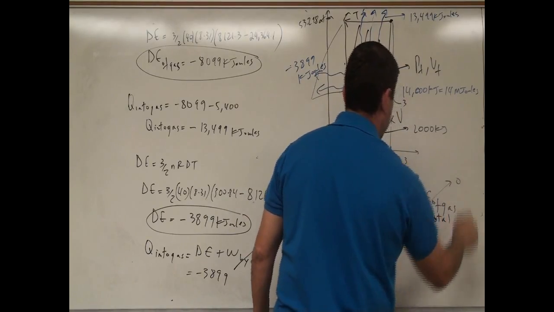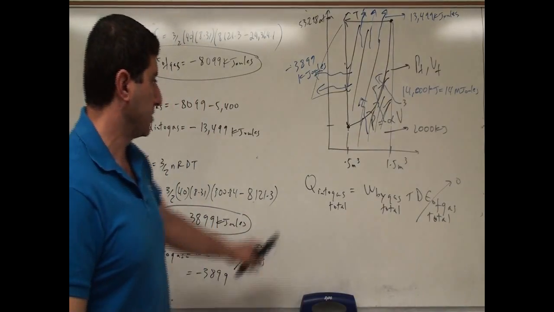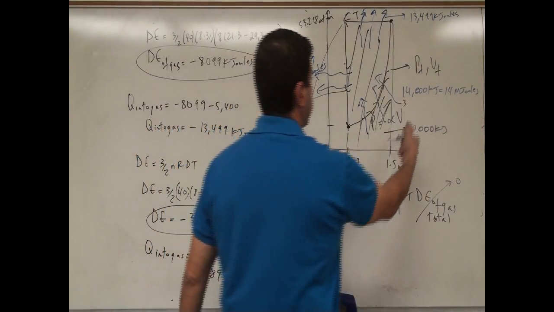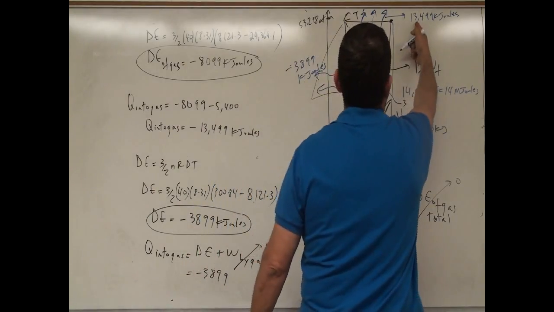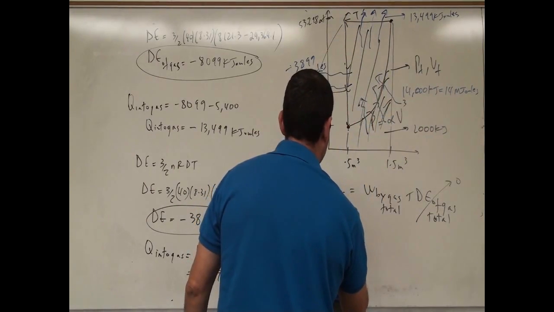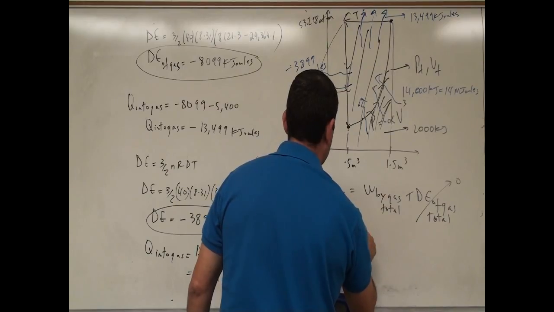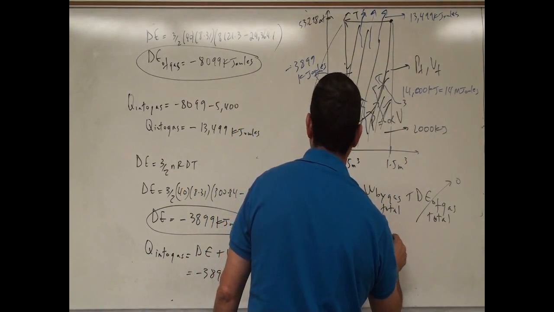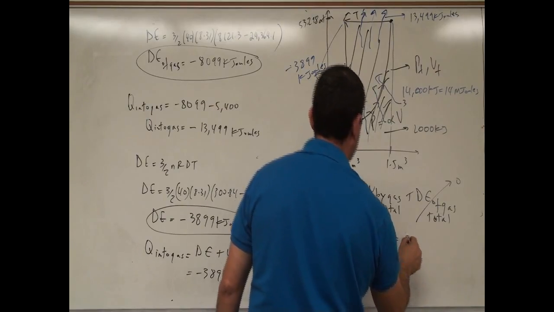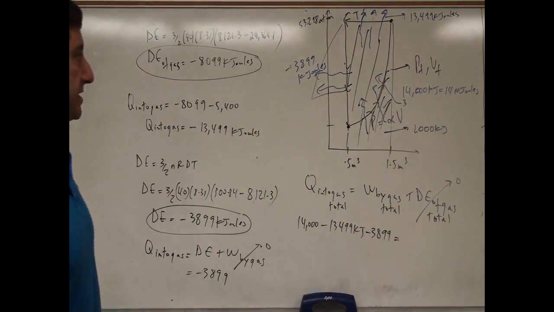Right? The change in internal energy of the gas total is 0. The heat into the gas, well, here 14,000 kilojoules came in. Here 13,499 kilojoules went out. Here 3,899 kilojoules went out.